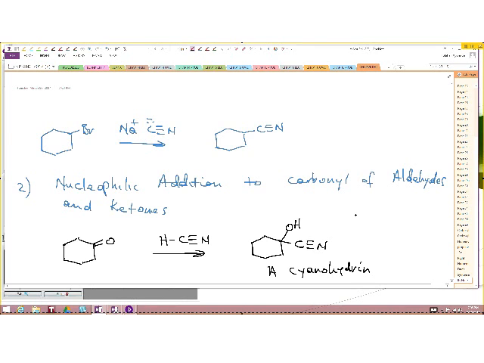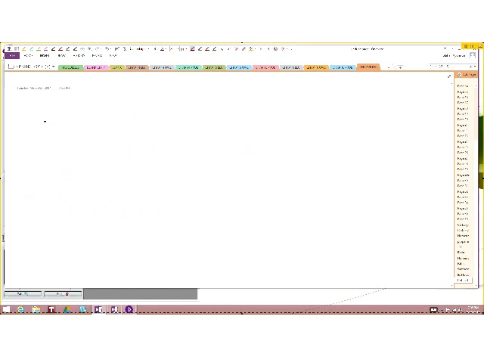We could do the same reaction with an aldehyde. Think of hydrogen cyanide as consisting of the negatively charged cyanide and, of course, positively charged hydrogen.